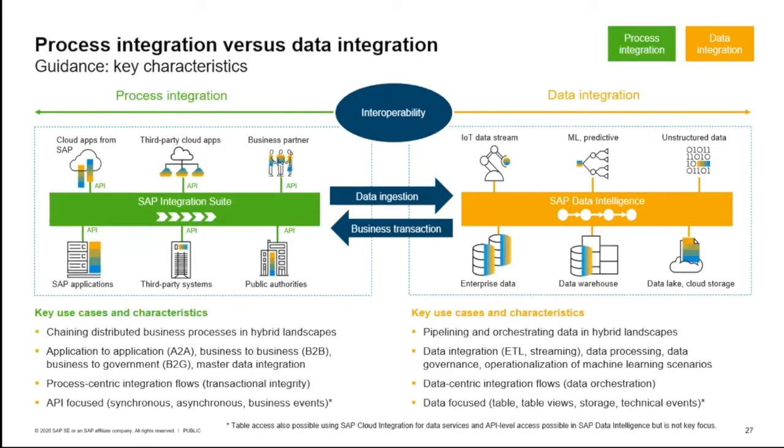There's also some guidance given about the different integration styles to differentiate them from each other. There's often unclarity about the type of integration technology to choose for an integration requirement, whether it's a process integration scenario or a data integration scenario. Here we are giving some guidance which helps you identify the right integration solution for your needs.